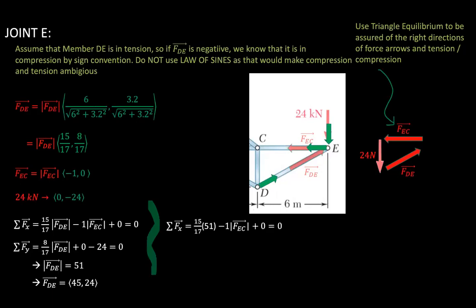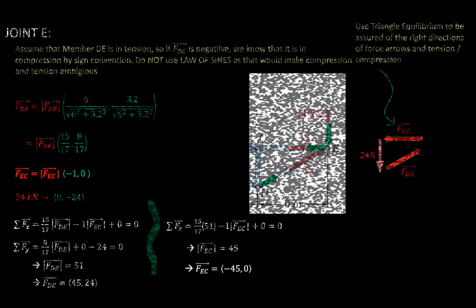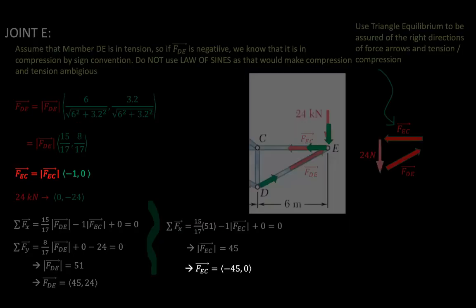So plugging in FDE in the sum of the X forces, we can solve for the magnitude of FEC. The magnitude of FEC is equal to 45 kilonewtons. That gives us that FEC as a vector is equal to (-45, 0), as we can see here, because of plugging into that equation.